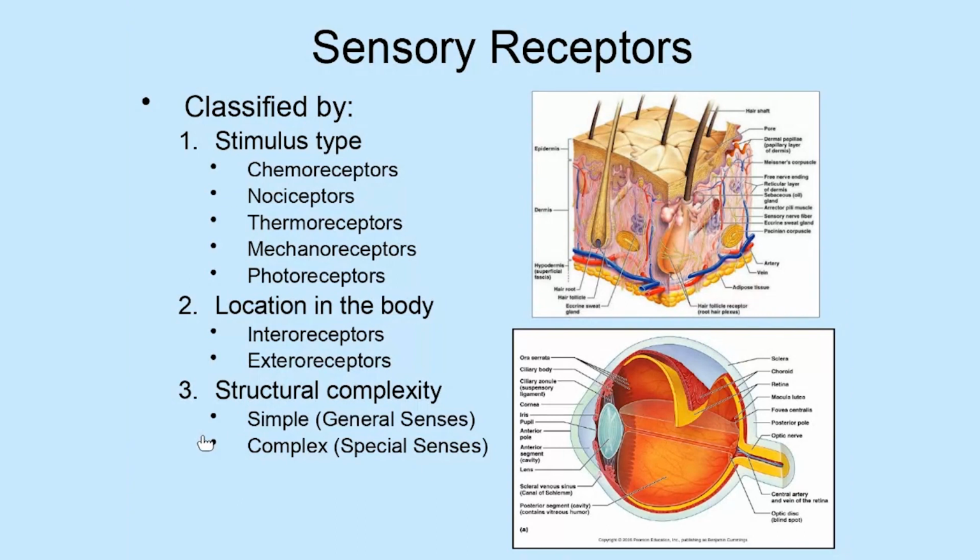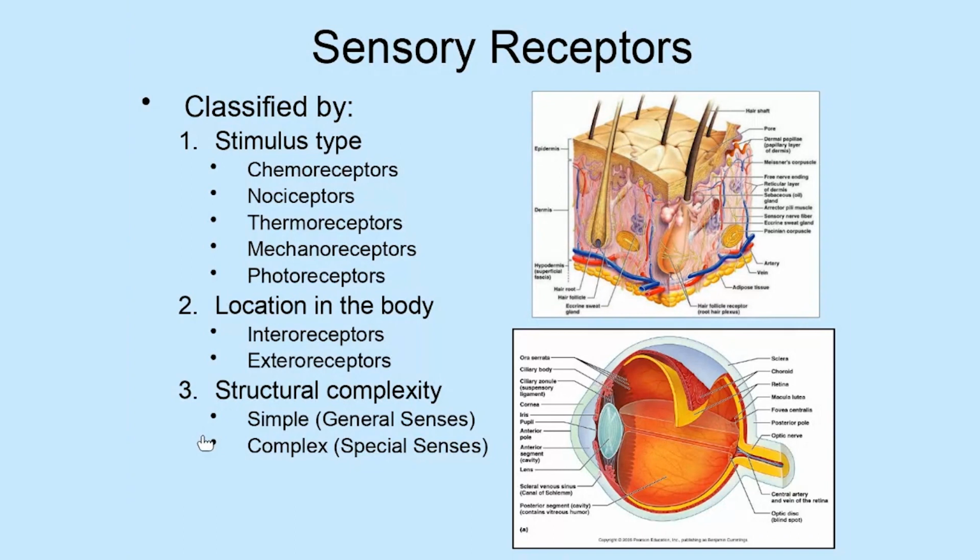Another way that we can classify these receptors is based on their location in the body. So sometimes you'll hear receptors that are located deep within organs, for example, referred to as interoreceptors, whereas receptors that are located more exterior, maybe in the skin, would be called exteroreceptors.